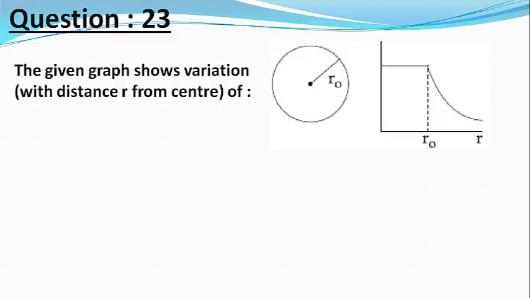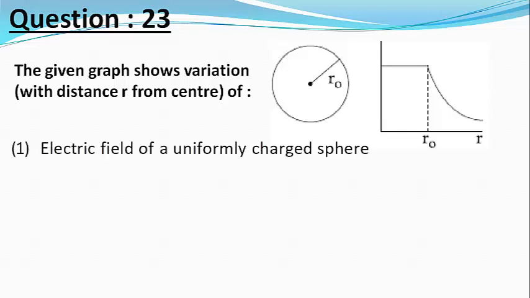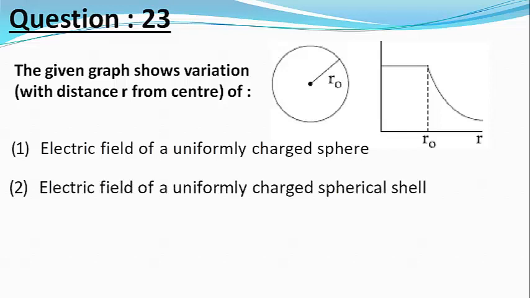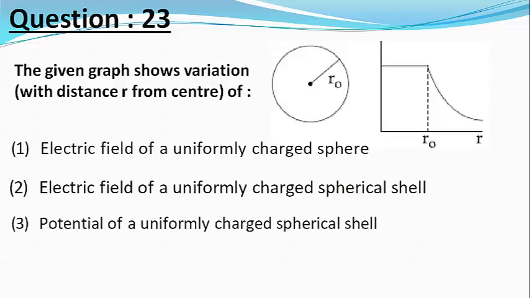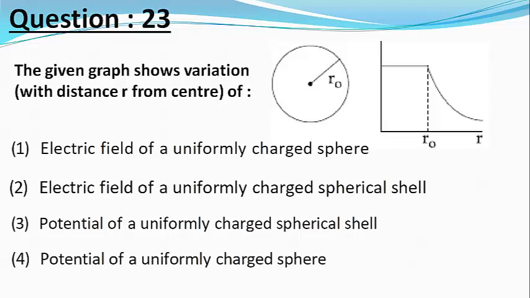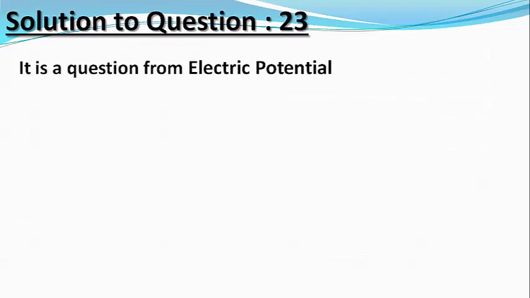The choices are the electric field of a uniformly charged sphere, the electric field of a uniformly charged spherical shell, potential of a uniformly charged spherical shell, and potential of a uniformly charged sphere. That's an interesting question from electrostatic field and potential.